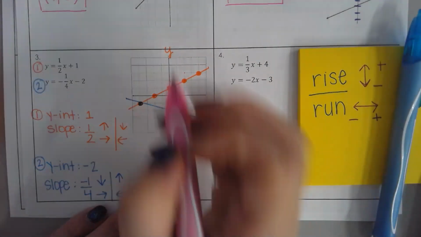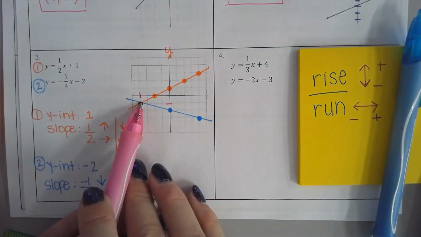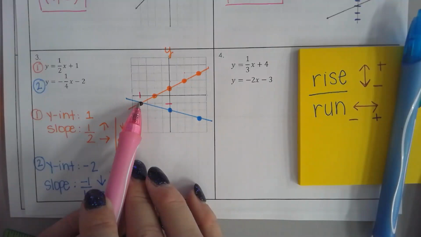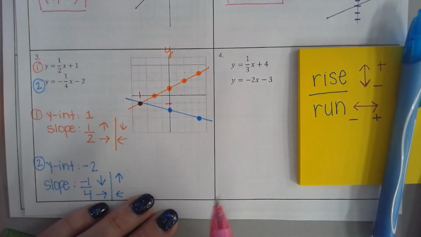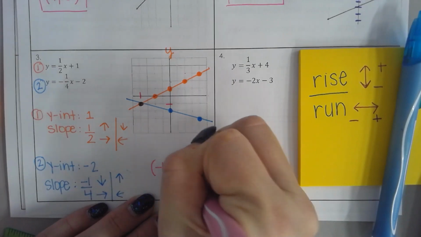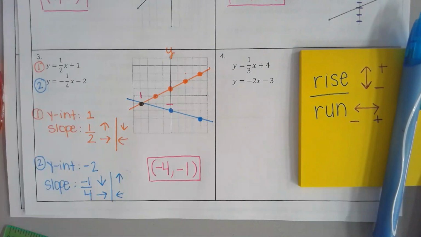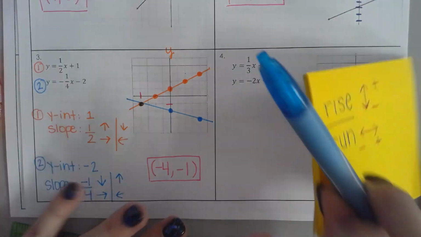So my solution is the point -4. My x is -4, and my y is -1. -4, -1. Are there any questions on that?